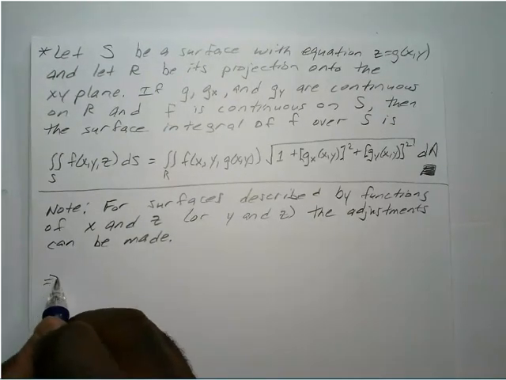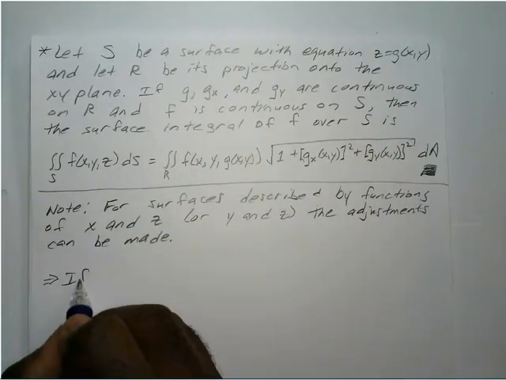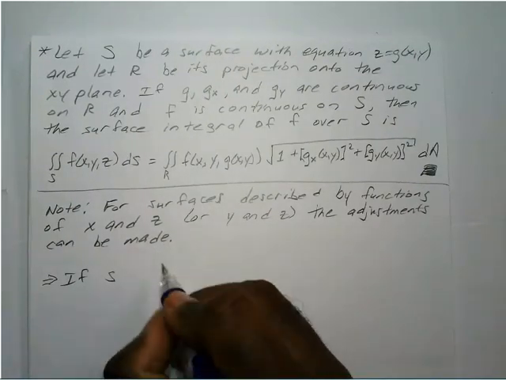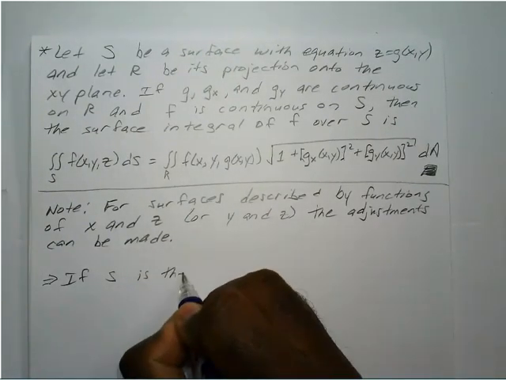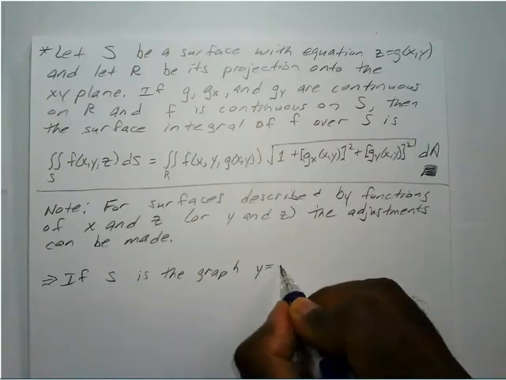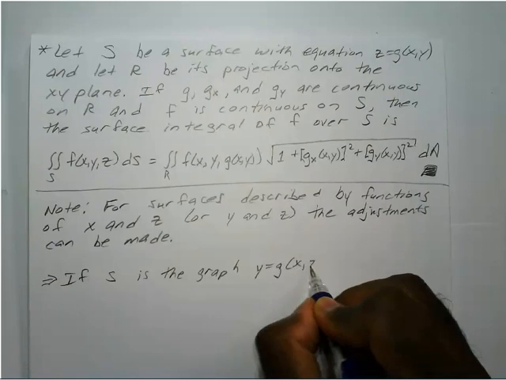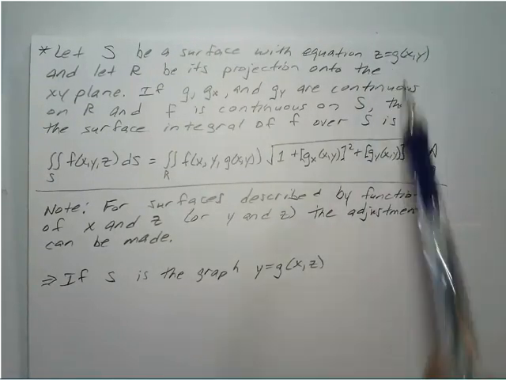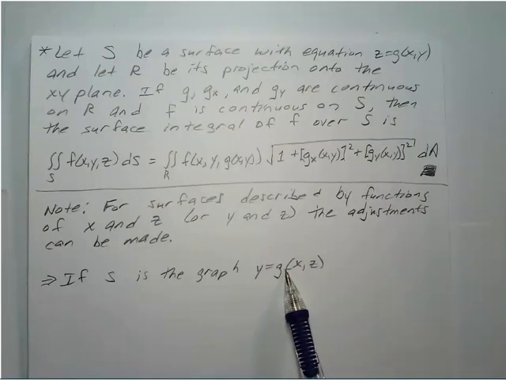Okay, so first, what if your surface S is the graph y equals g of x, z? Instead of solving for z, you solve for y, and you make that y a function of x and z.